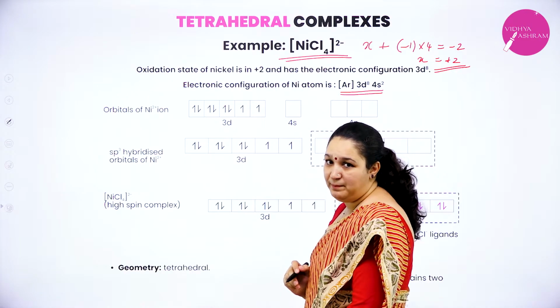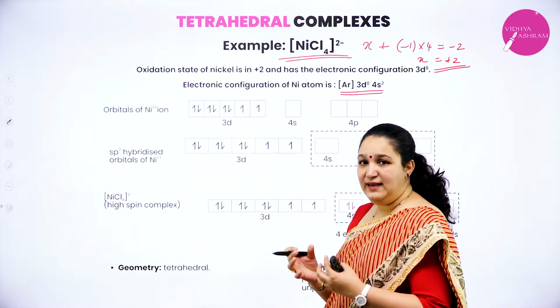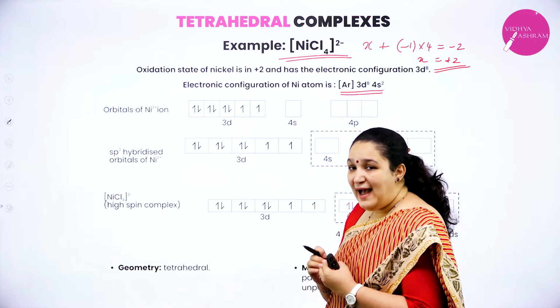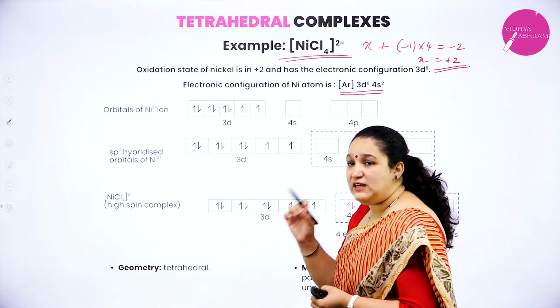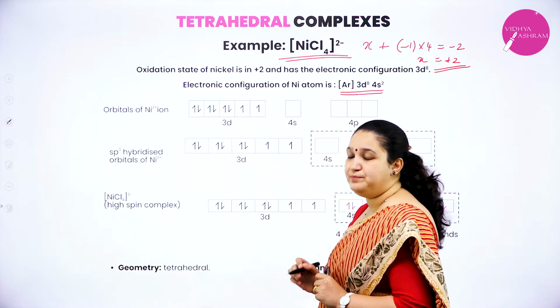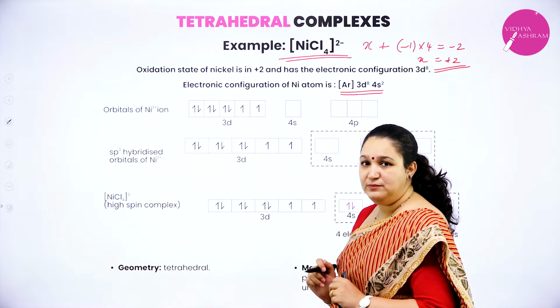8 electrons are present. Now, when the ligand approaches the Ni+2 ions, as it is a weak field ligand, chlorido is again a weak field ligand, because of which spin pairing will not happen.